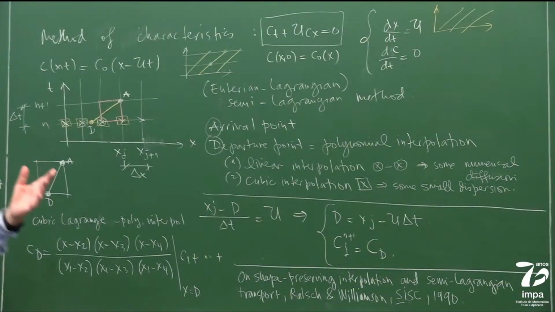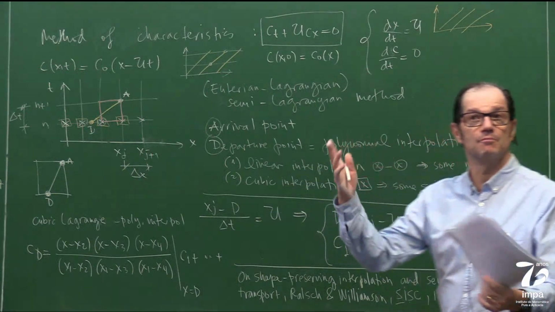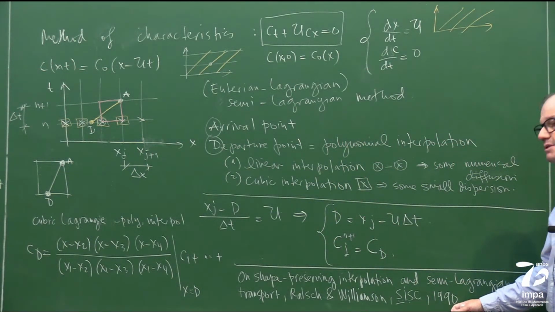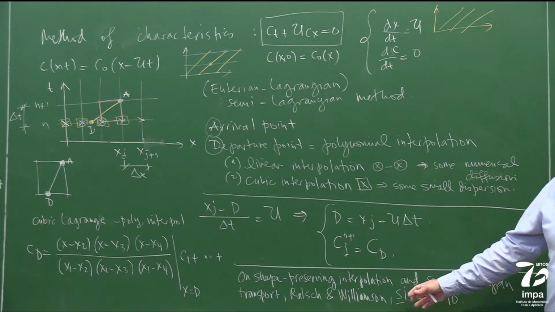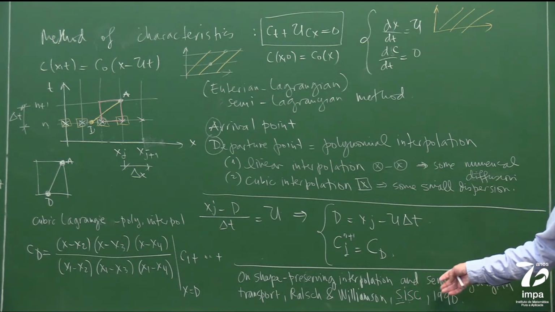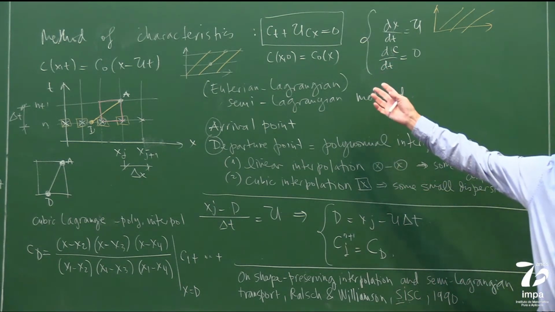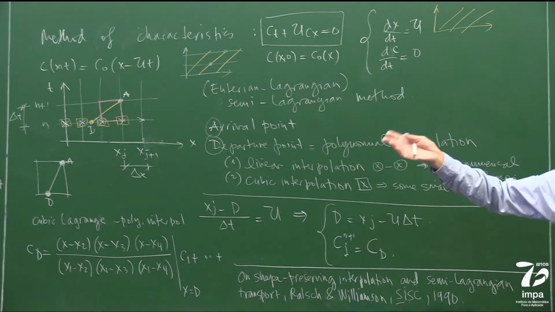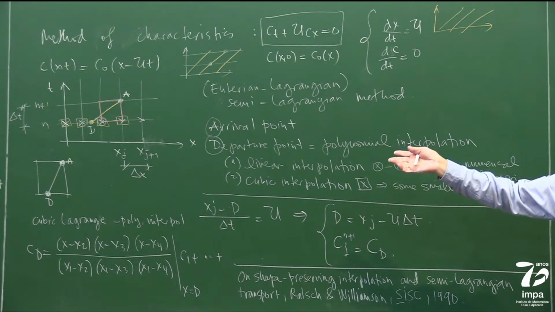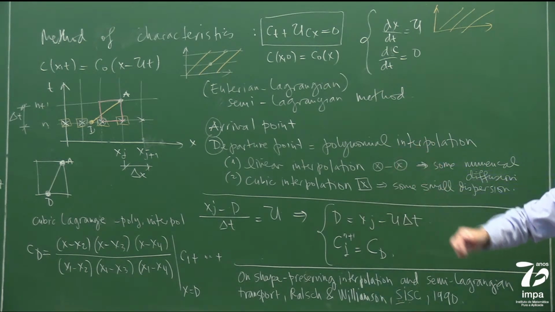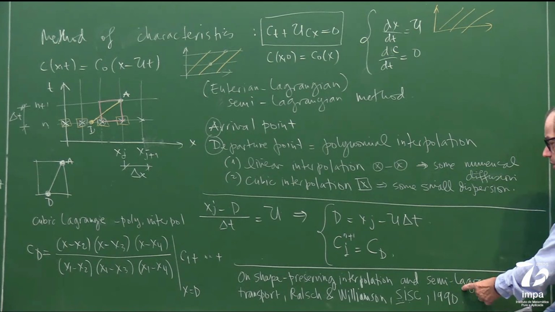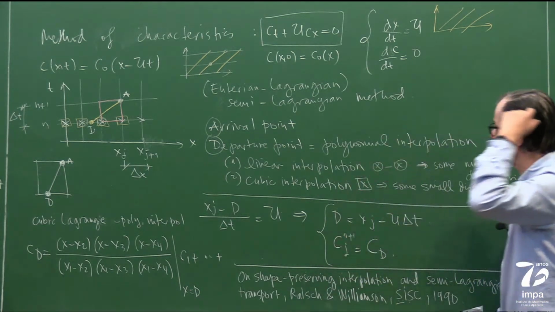So I wanted just to share with you one of many, and this one already has some time, references for people doing research on things much more complicated than this, but with the ingredients we are seeing, okay? Which is semi-Lagrangian and shape preserving.